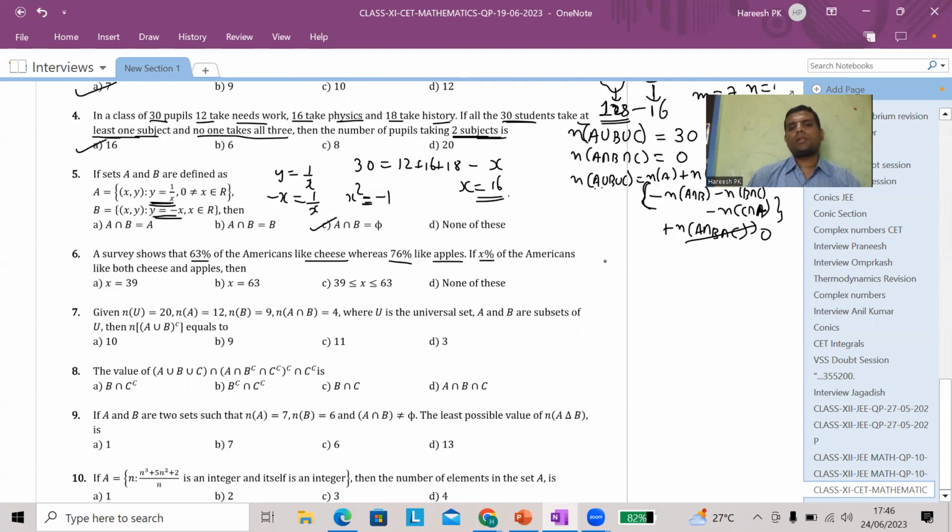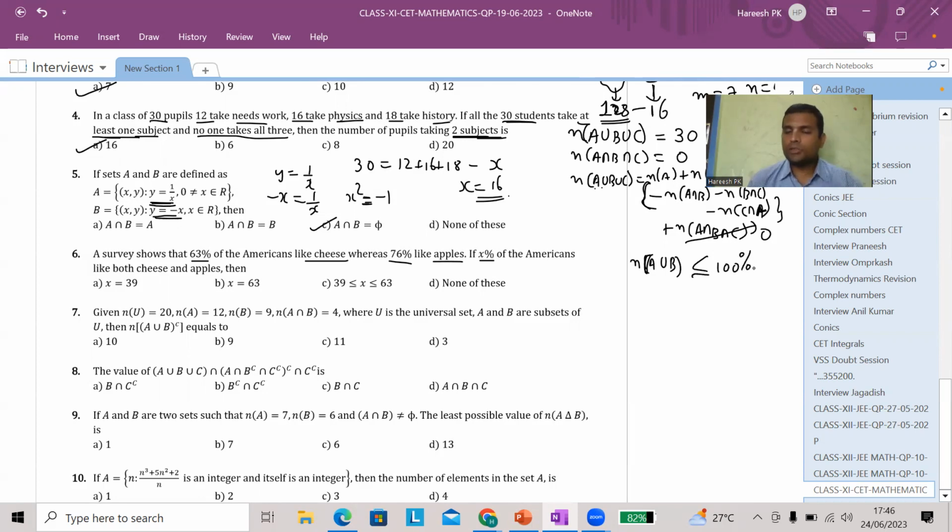So firstly, we know N of A union B, number of Americans who like apple or cheese or both, has to be less than or equal to 100%.